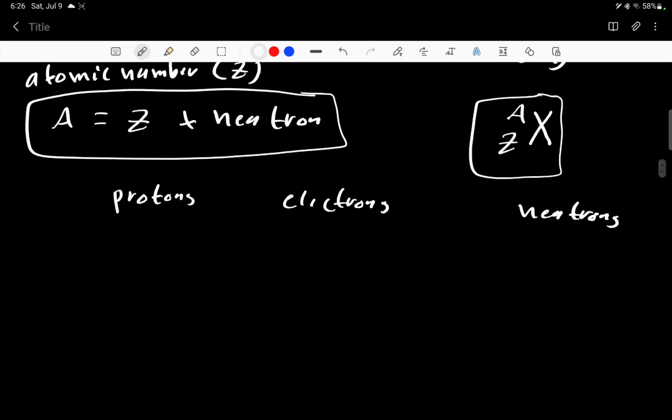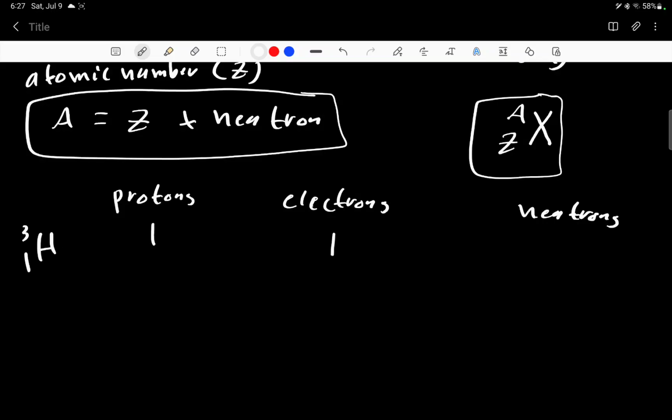For example, tritium, which is H, that has an atomic mass of 3 and an atomic number of 1. So the number of protons is going to be 1 because the atomic number is 1, and the number of electrons is also going to be 1 because this atom has no charge, and if we have no charge, then the number of protons is going to be equal to the number of electrons.